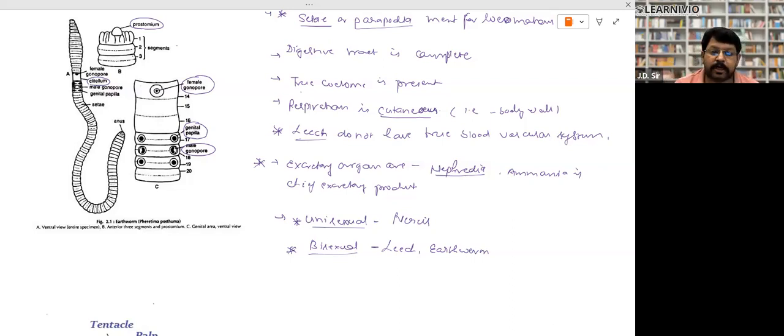For example, if humans breathed in and out through their skin, we could say humans have cutaneous respiration. But we respire with the help of lungs. There are some animals which do not have lungs, so respiration generally takes place through the body wall, right?